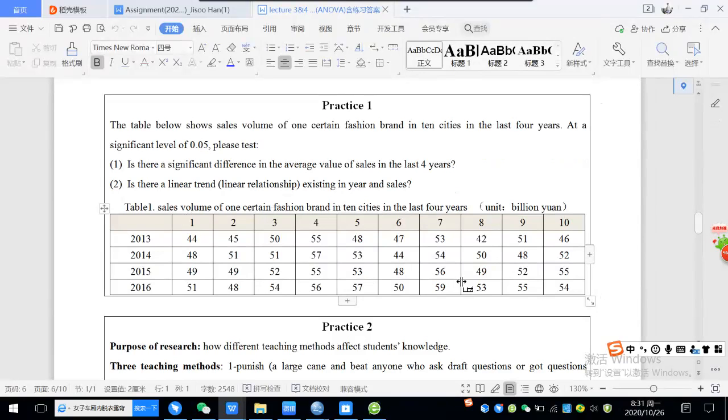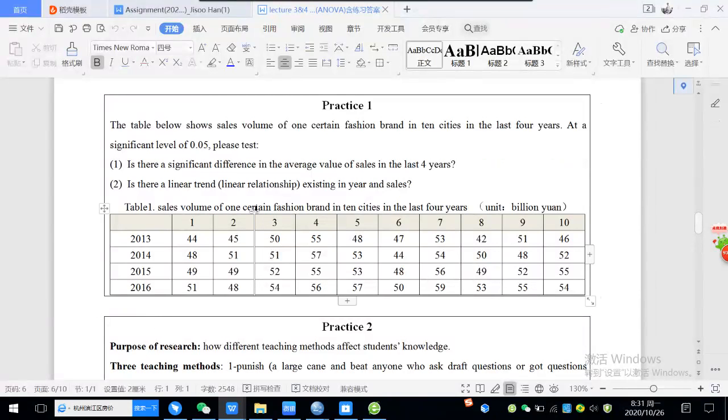Practice 1. Here, the table shows sales volume of one certain fraction in 2013, 2014, 2015, and 2016. At a significance level of 0.05, please test: is there a significant difference in the average value of sales in the last 4 years?